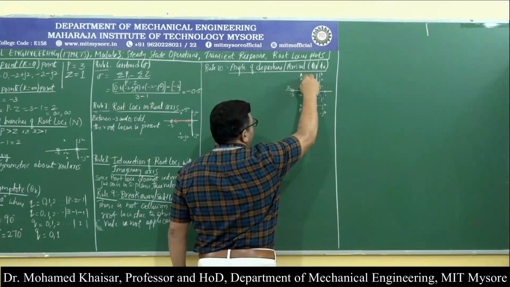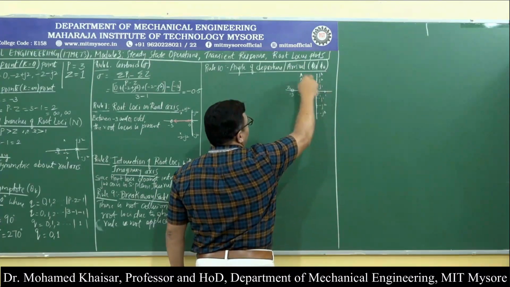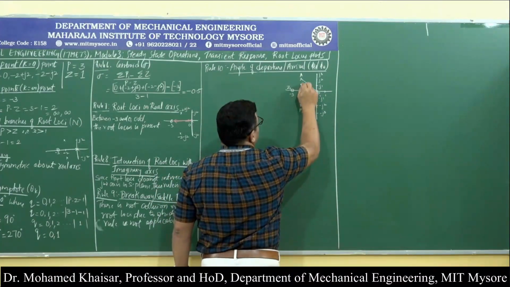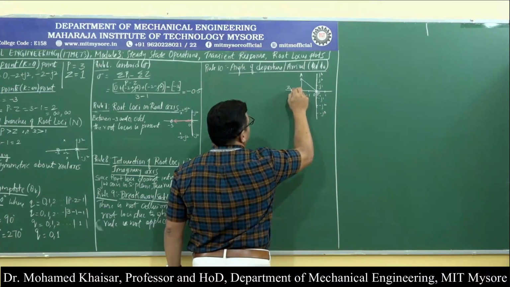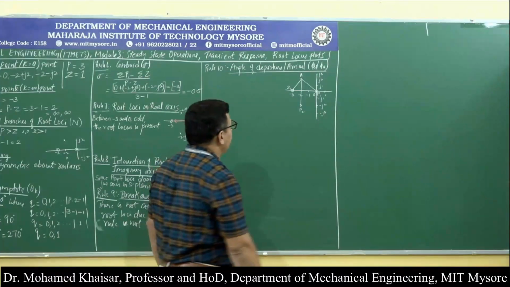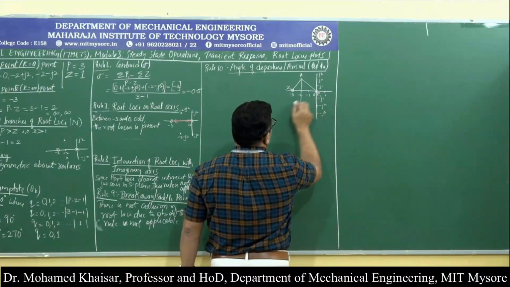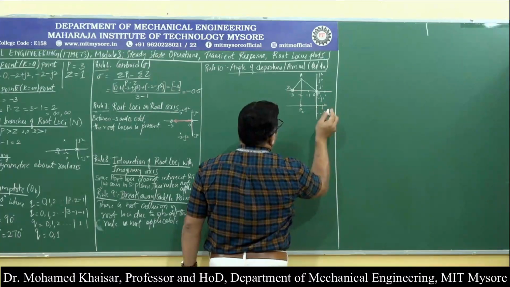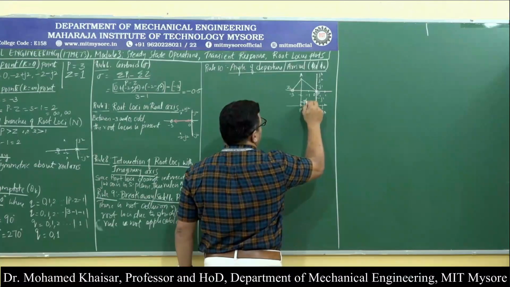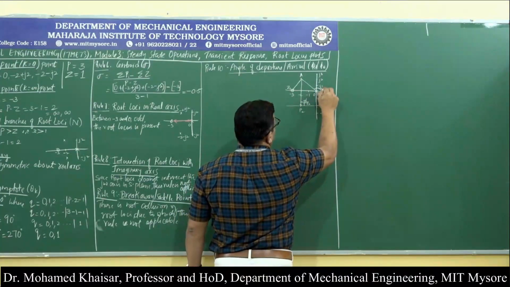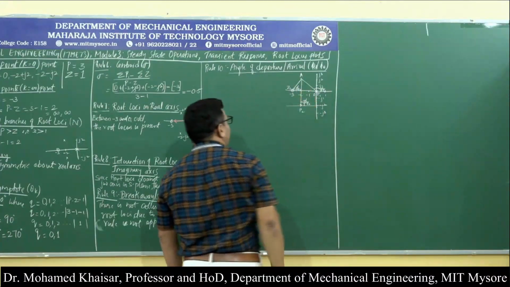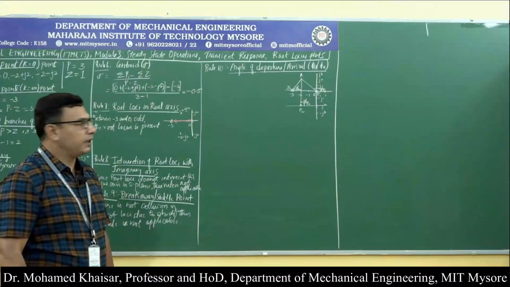With a straight line I will connect this pole with pole A, I will connect pole 2 with pole A, and I will connect Z1 with pole A. Then, with the horizontal line, we will find the angles these are making: Phi P2, Phi P1, and Phi Z1.